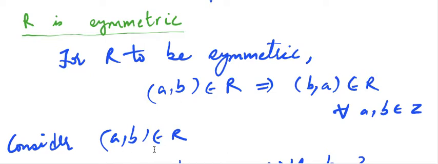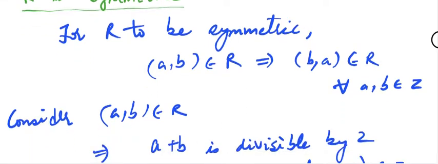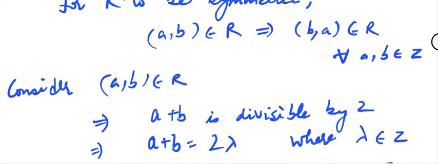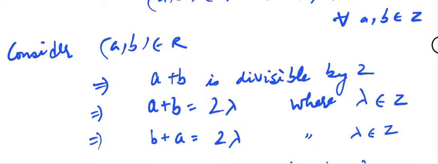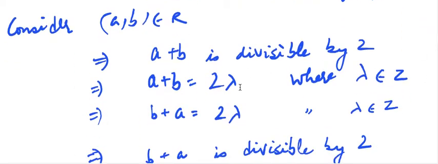So consider (a, b) belongs to R. When (a, b) belongs to relation R, the definition will be applied: a plus b is divisible by 2. We write, let a plus b be equal to 2 lambda, where lambda is some integer. Now we have written a plus b in the form of some even integer.